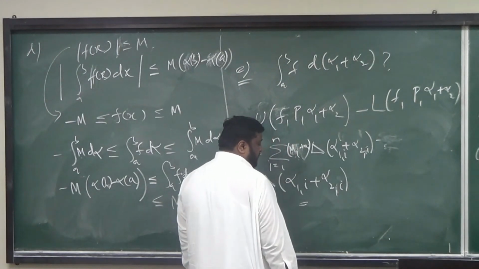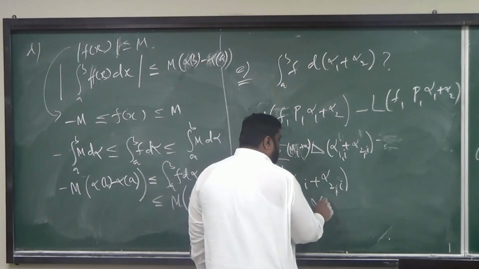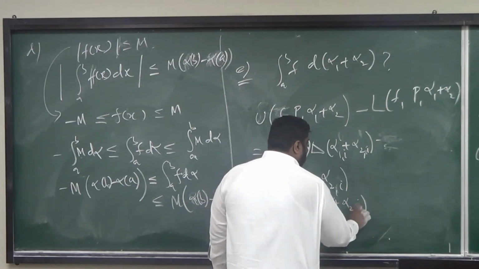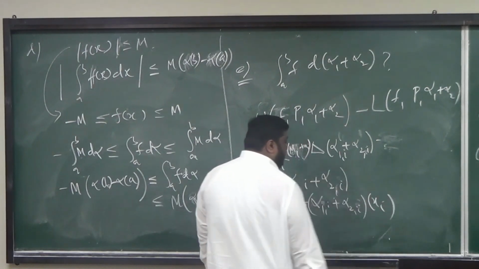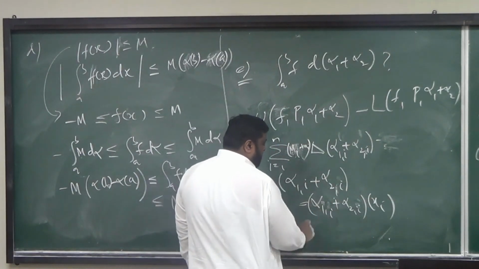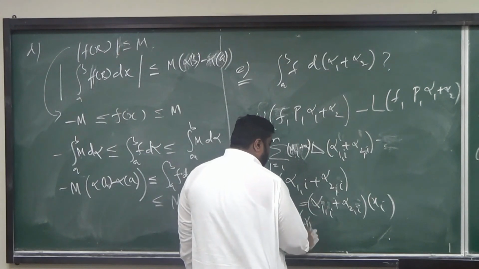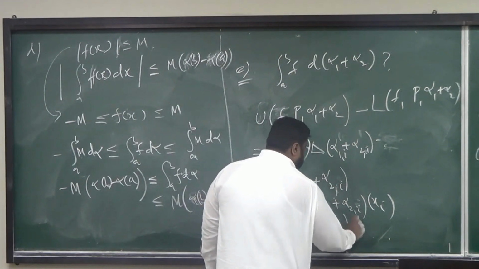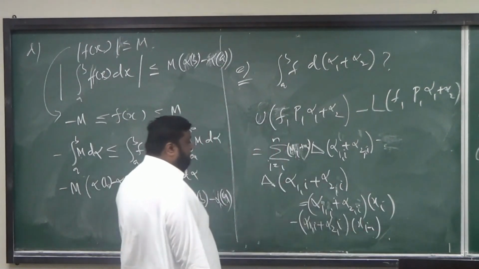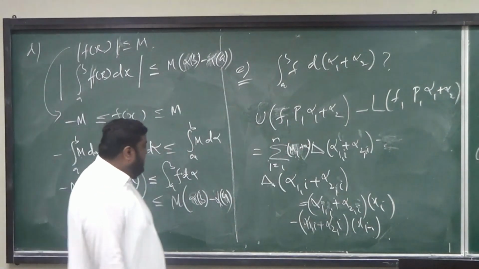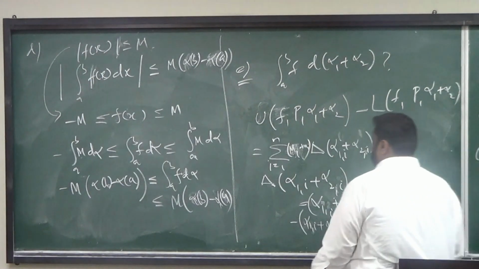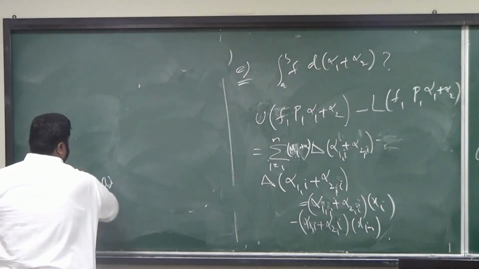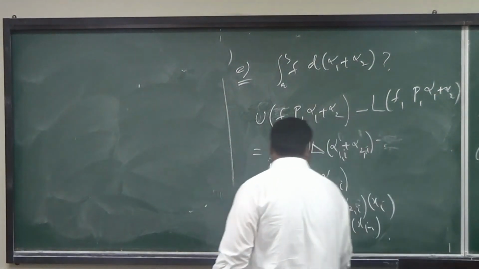This should be alpha 1 of x_i plus alpha 2 of x_i, evaluated at x_i, minus alpha 1 plus alpha 2 evaluated at x_{i-1}. And what will this difference be?